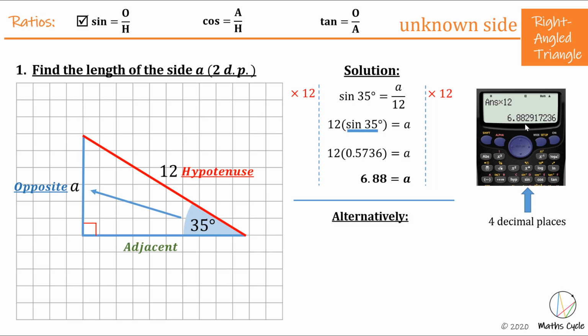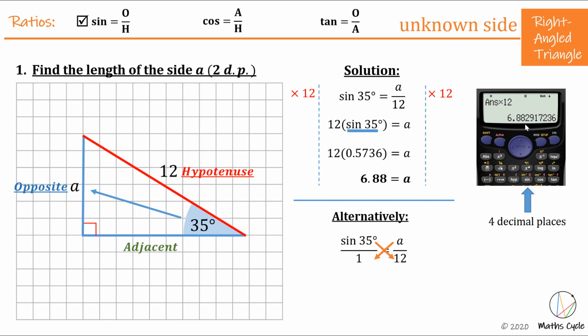Now, alternatively, what you can do is put sine of 35 over 1 equals A over 12, and cross multiply. Cross multiplying is a little shortcut that we use when we have one ratio equal to another ratio.